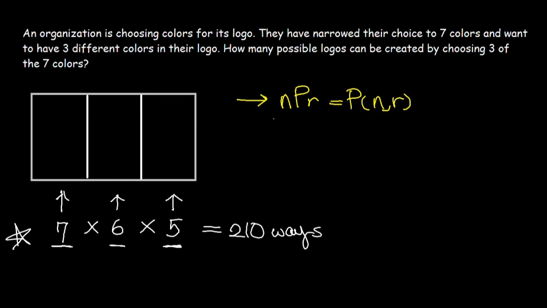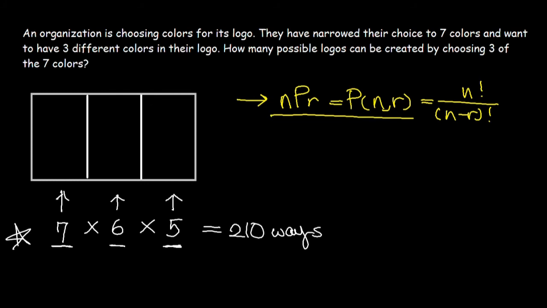These are just representing the formula for permutations. This represents the formula n factorial all over n minus r factorial.